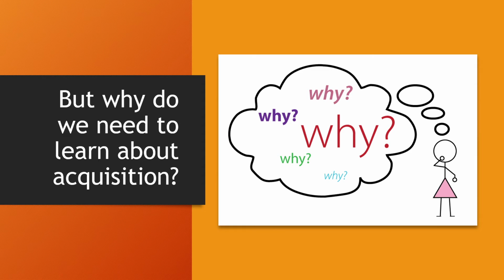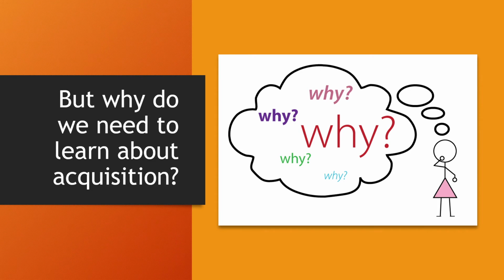The difference is that you acquired the first language, and in the second case, you just learned the second language. Acquisition is more efficient, is better than learning. So, as teachers, we always try to make our students acquire the language.